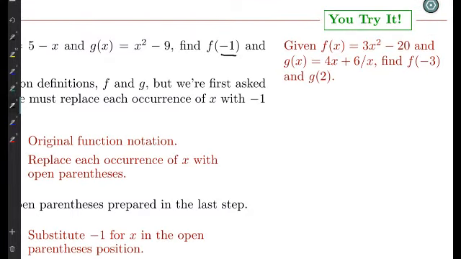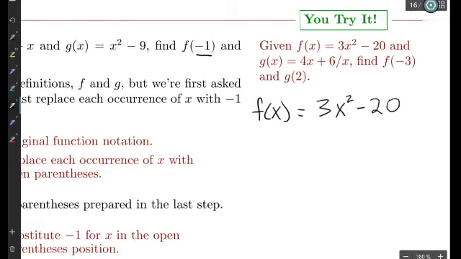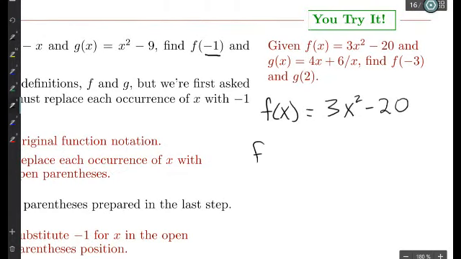So let's try here. If f of x is 3x squared minus 20, find f of negative 3. Well, f of x is 3x squared minus 20. So f of empty parentheses equals 3 times empty parentheses squared minus 20.